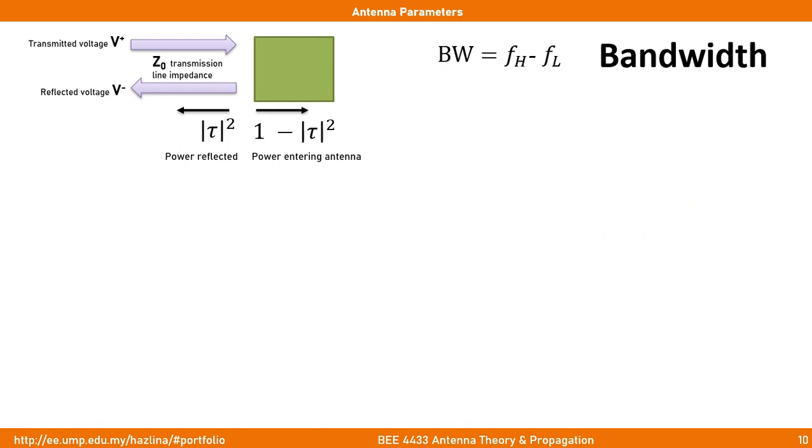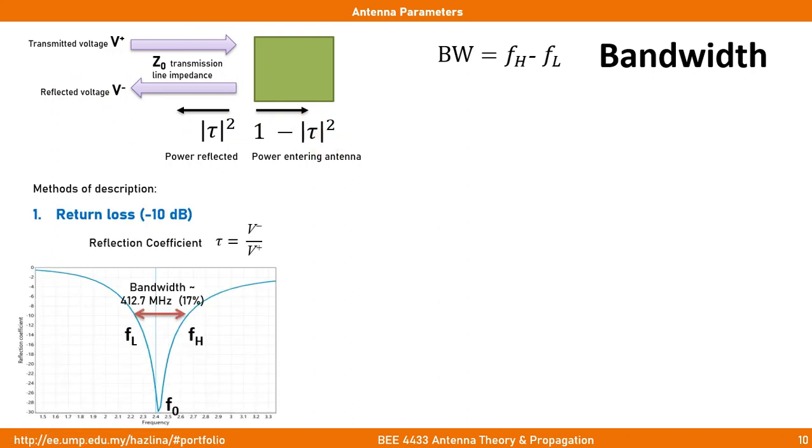Say the incoming voltage is labeled as V positive, and the outgoing is labeled as V negative. The power reflected by this antenna system is tau square, and the power entering the antenna system is termed as 1 minus tau square.